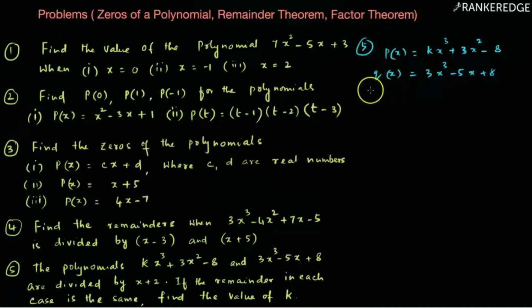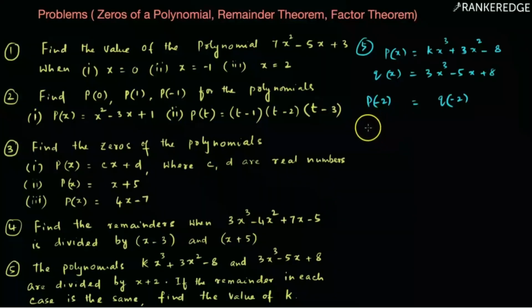So the remainder when p of x is divided by x plus 2 will be p of minus 2, and the remainder when q of x is divided by x plus 2 is q of minus 2. The question says these two are the same. So I have an equation. I equate p of minus 2 to q of minus 2. I should be able to solve for the value of k.